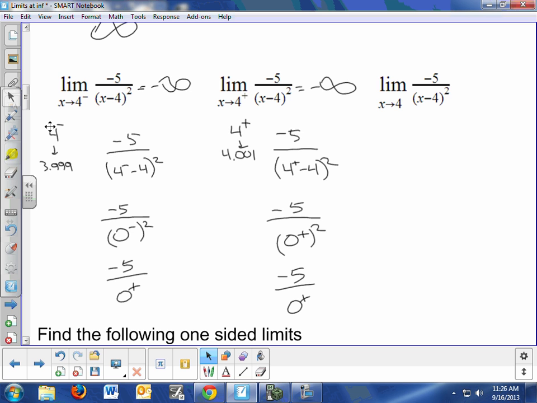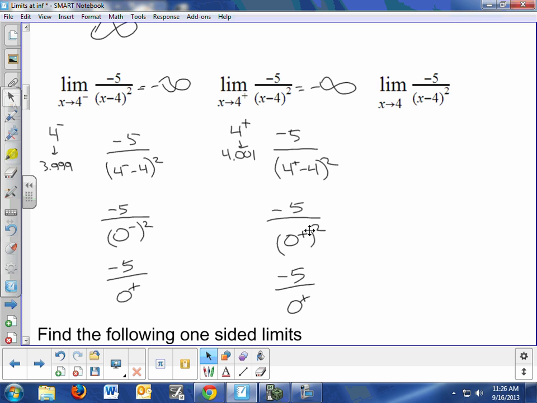Okay? Now, if we did it correctly, we would have gotten -5 over some number approaching 0 from the left, but that's squared. An infinitesimally small negative number squared is still going to be really, really small, just positive. Take that number, divide it into -5, we're going to be approaching negative infinity.